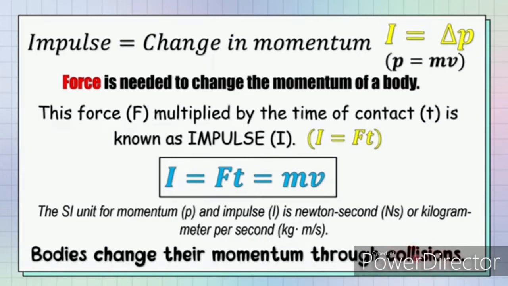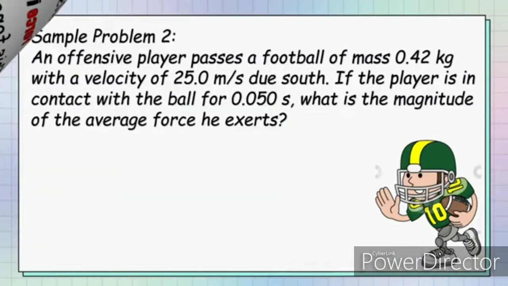Let us have a sample problem. Sample problem number 2. An offensive player passes a football of mass 0.42 kg with a velocity of 25.0 meters per second due south. If the player is in contact with the ball for 0.050 seconds, what is the magnitude of the average force he exerts?